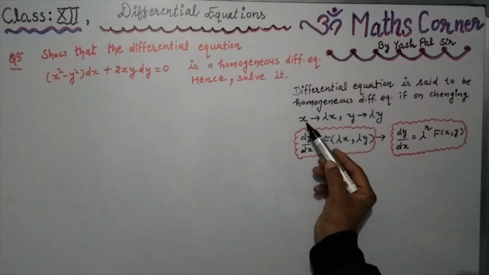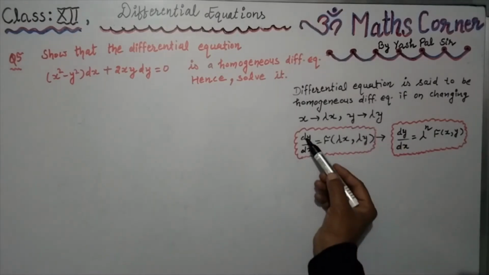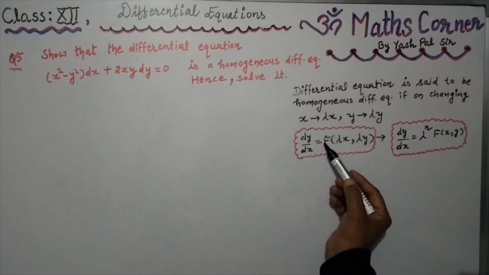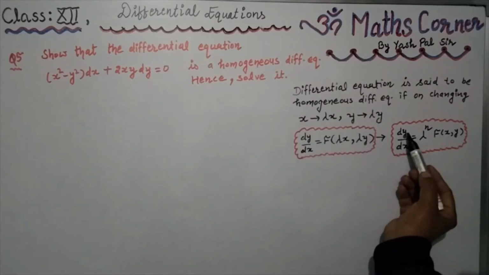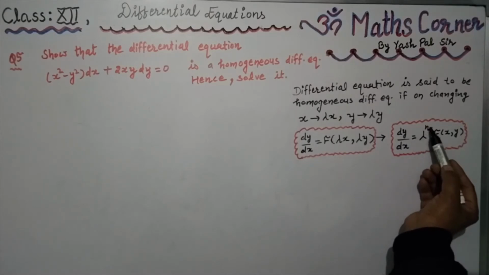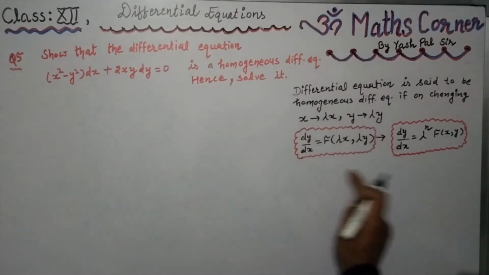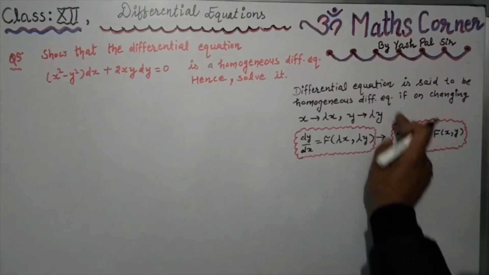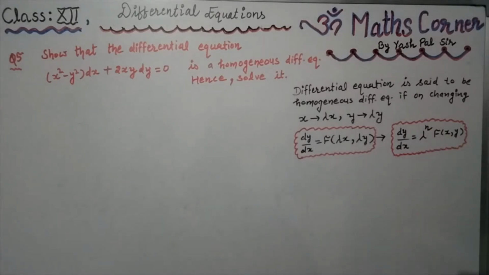A differential equation is said to be homogeneous if on changing x into lambda x and y into lambda y, dy upon dx is equal to f of xy becomes f of lambda x comma lambda y, which equals lambda raised to power n into f of xy. If this is possible, then we say that the given differential equation is a homogeneous differential equation of degree n.